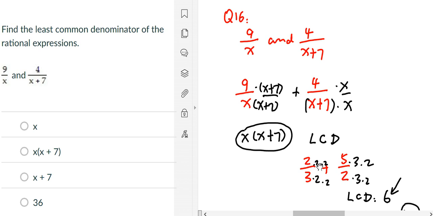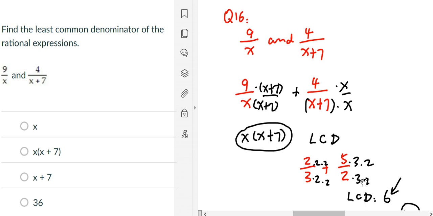Apparently 2 times 2 times 2 is 8. And here 5 times 3 times 2 is 30. So you got to do 30 for the second one plus 8, which is 38. 38 over 12.